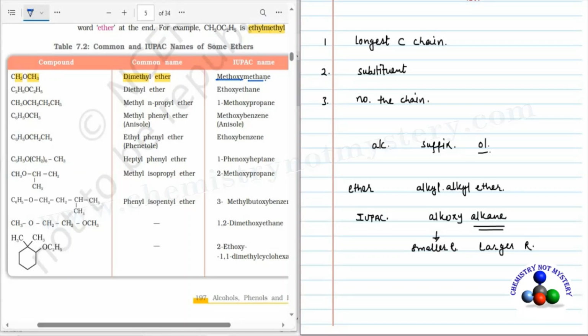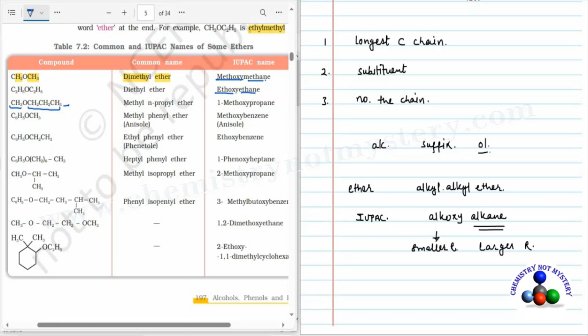In the next example, C2H5OC2H5. On both sides, the C2H5 group is there, so you can write ethoxyethane. Now come to the next example. Here, on one side of oxygen, a methyl group is there. On the other side, a propyl group is there.